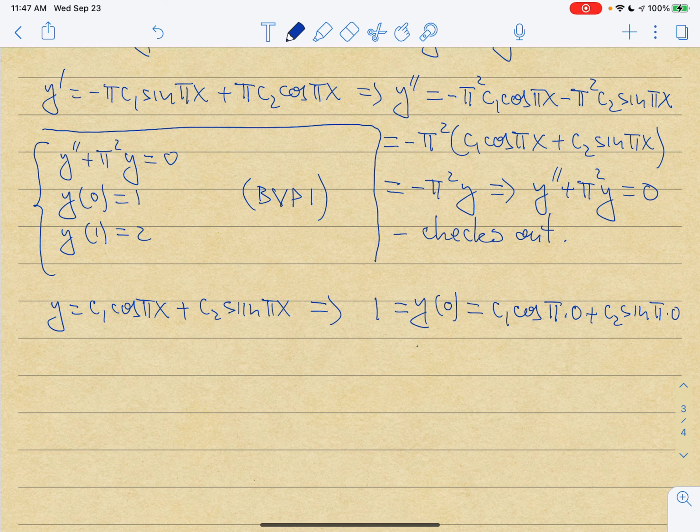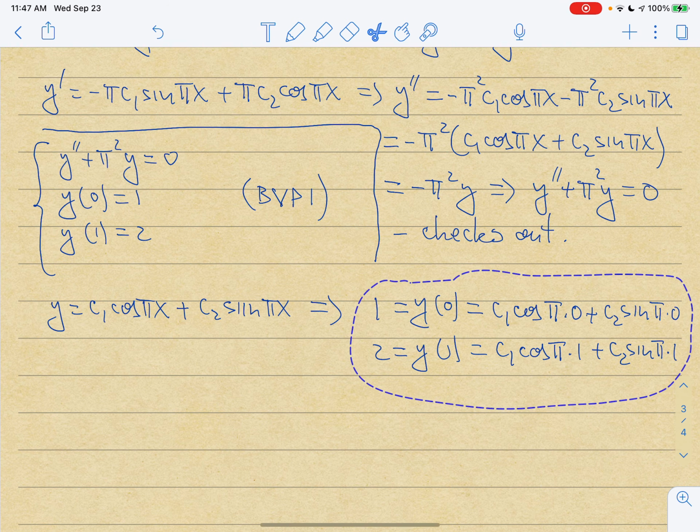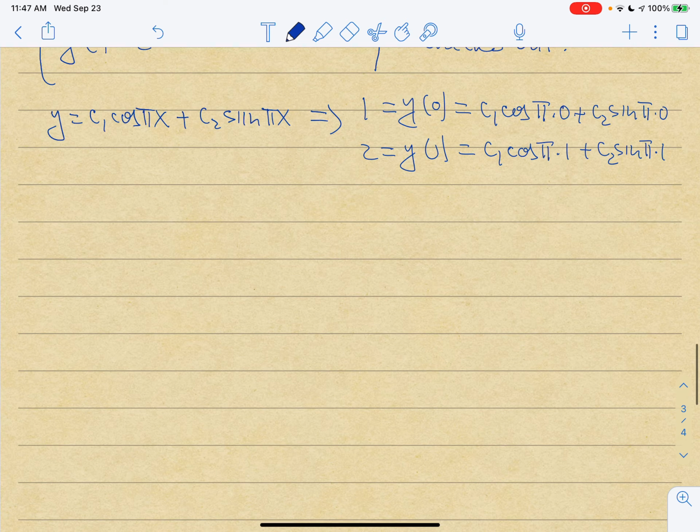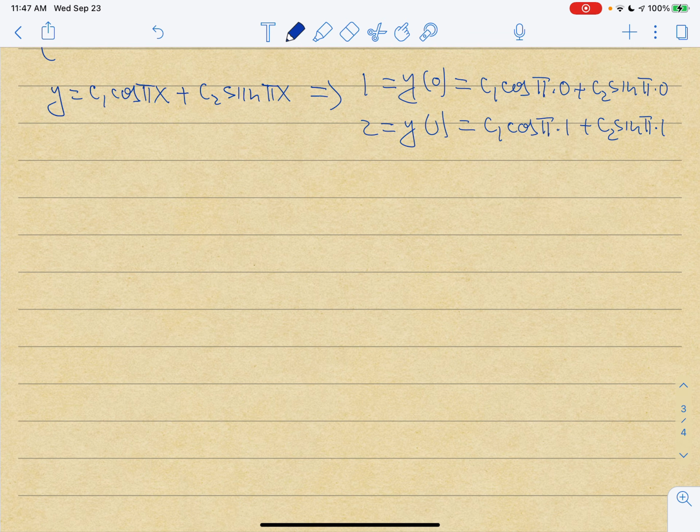And then the second condition, y of 1, I want to be equal to 2. So that will be c1 cosine pi times 1 plus c2 sine pi times 1. Okay, so we now have two equations for two unknowns, which we're going to simplify.